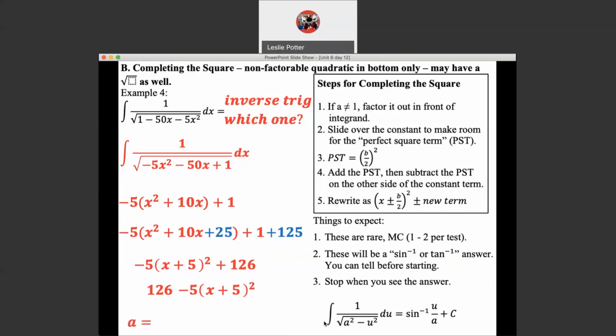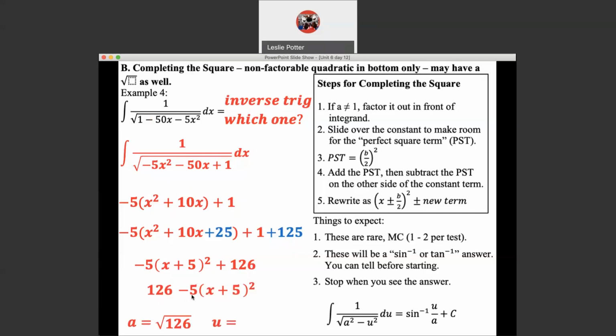And now I'm going to stick that back into the integrand. So my a is this, square rooted, because this is a squared. If a squared is 126, then a is the square root of 126. And if u squared is this, and the minus has got to be here, so the u squared is literally just the 5 times the quantity x plus 5 squared.